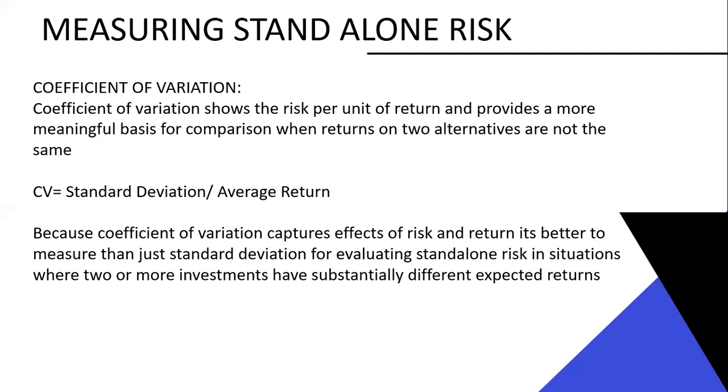Because the coefficient of variation captures the effects of risk and return, it's better to measure than just standard deviation for evaluating stand-alone risk in situations where two or more investments have substantially different expected returns. So again, the coefficient of variation is very good when you're comparing stand-alone assets and you want to make a decision about which one you would like to invest in.